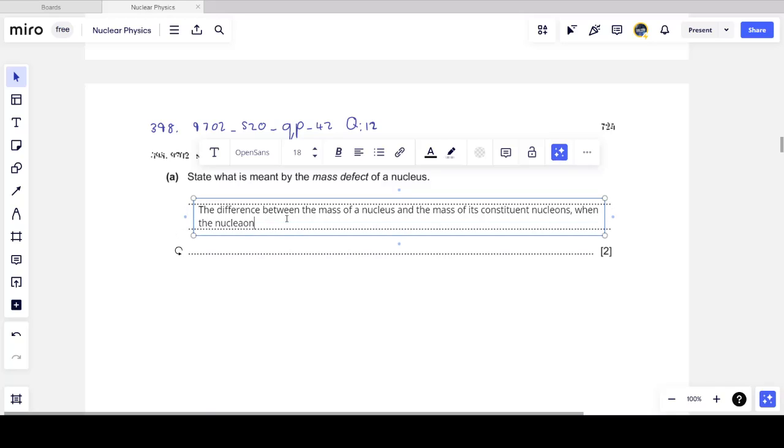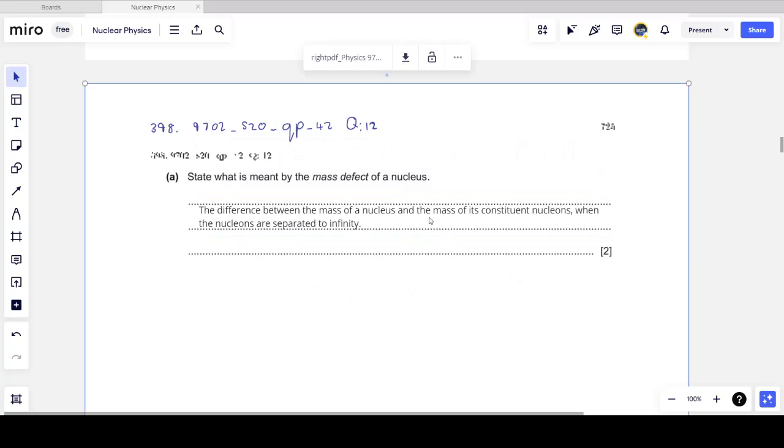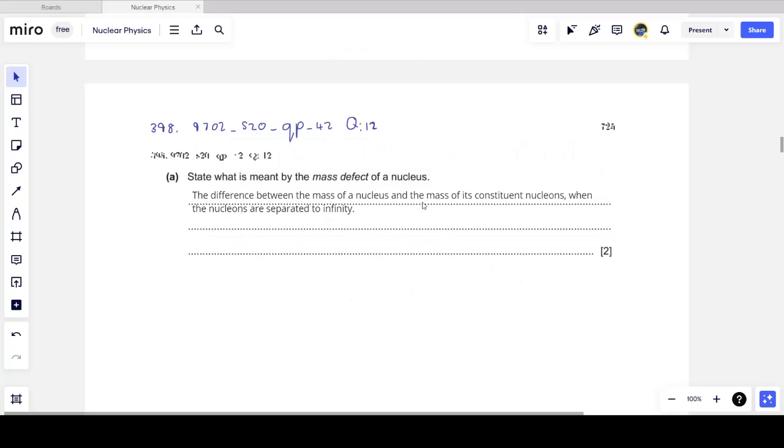specifically when the nucleons are out of the nucleus. Or what I can say to be more correct is when the nucleons are separated to infinity. When I say separated to infinity, what do I mean? It means that the nucleons are outside the nucleus.